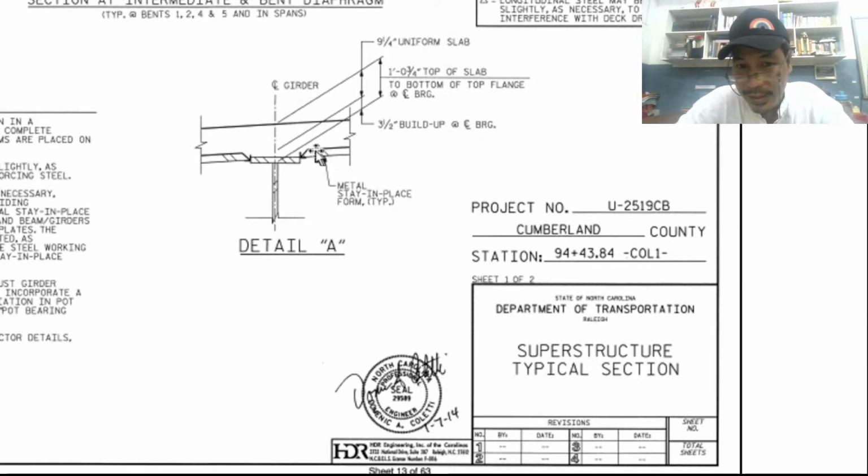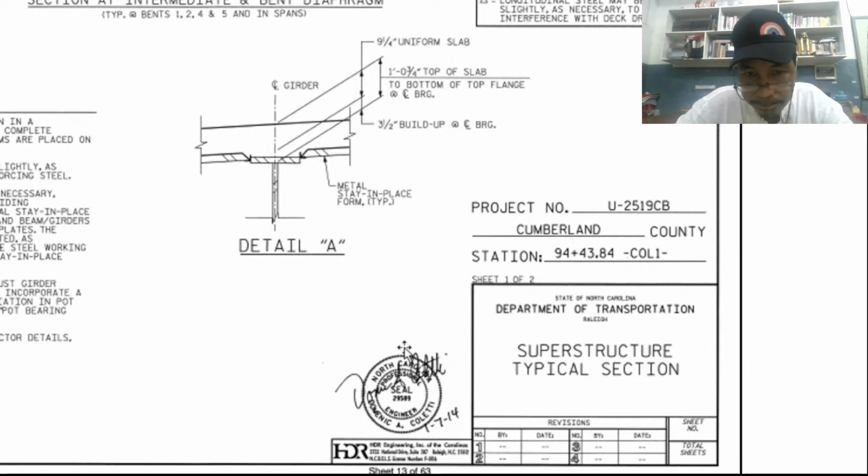This is the drawing of that corrugation. Okay, so here, from this reference line to that is 9 1/4 uniform slab. That is now the uniform slab, meaning this upper part of the formwork up to that part. That is the uniform slab.